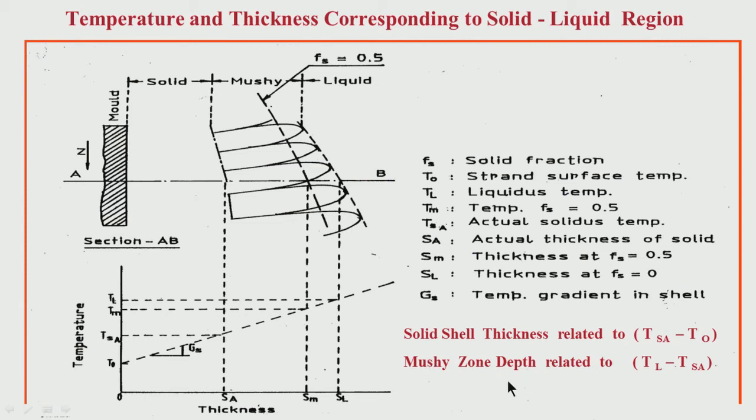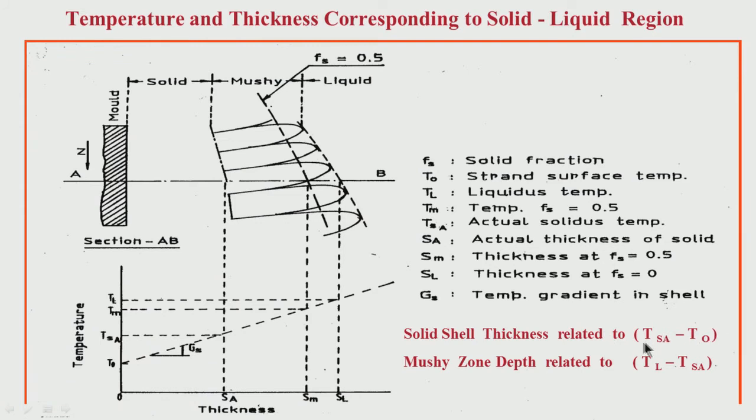So that is why I am again and again mentioning that the effect of microsegregation is not only to create a zone of higher segregation, that means the area which solidifies last, which will have more segregation. That is number one impact. Number two, an equally important impact is that the marshy zone depth is increasing and the solid shell thickness is decreasing.